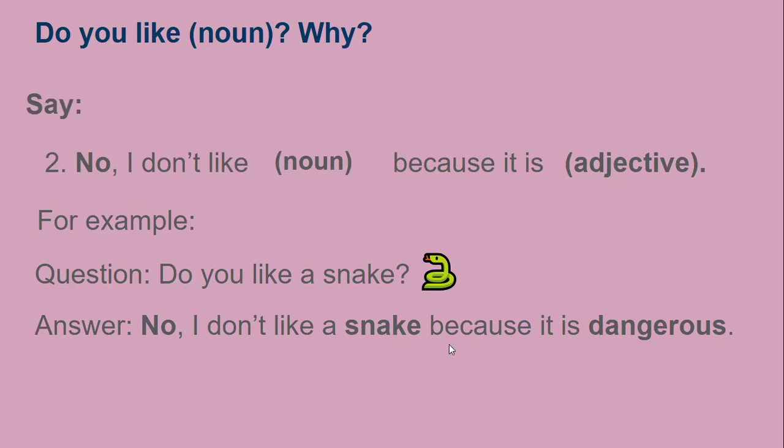After that, you give the reason why. Why is answered by saying because. Because it is dangerous. This is the adjective, the reason why you don't like the snake.